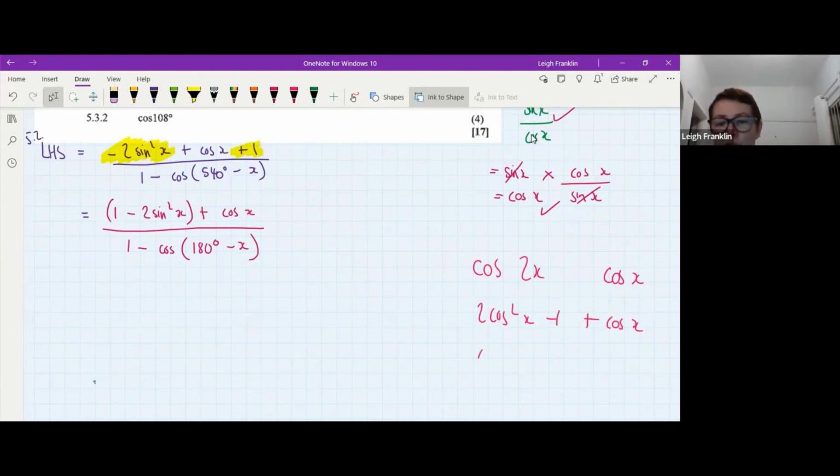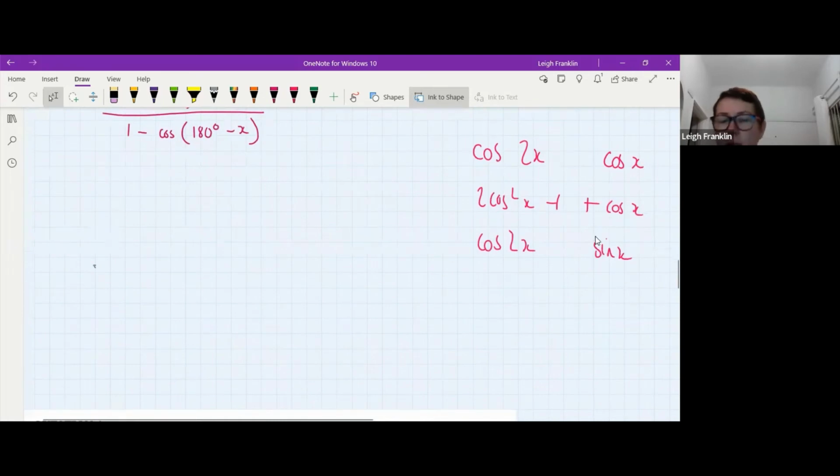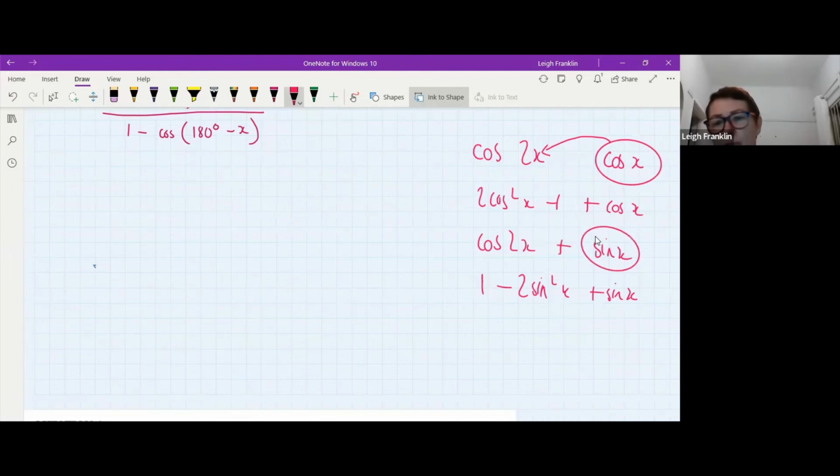If we see cos 2x and it's together with sine x in an expression, then the best way to write cos 2x is as 1 minus 2 sine squared x, plus your sine x. So it's this term over here that tells us how to write that. Does that make sense to you?